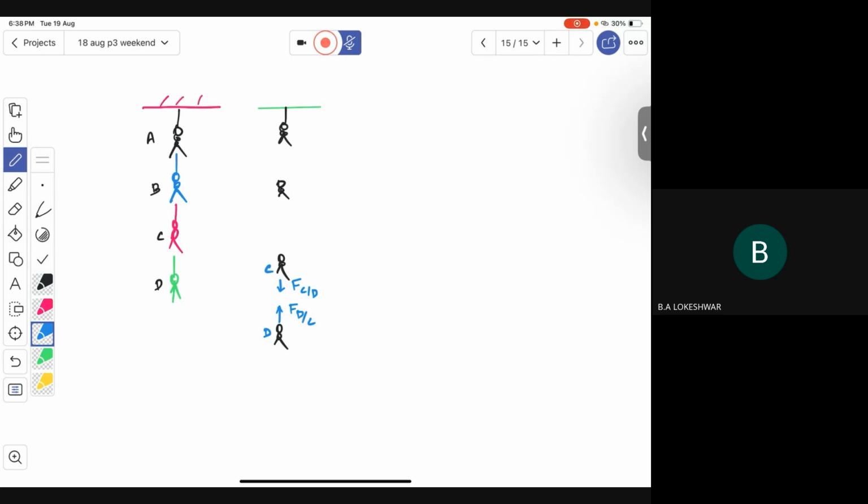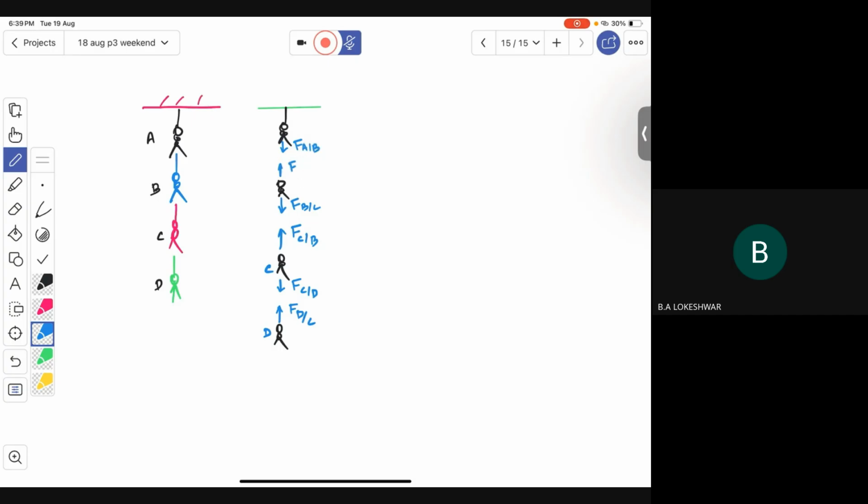Then tell me how the force will be between B and C. So C will be pulled upward by B and B will be pulled downward by C. So this way will be the force on C by B, and opposite and equal will be the force on B by C. Same like that we are going to have between A and B. Force on A by B will be down.